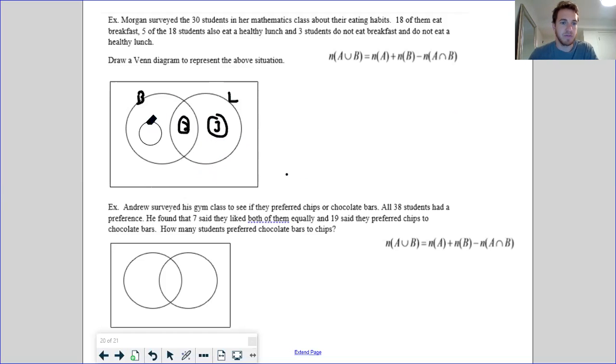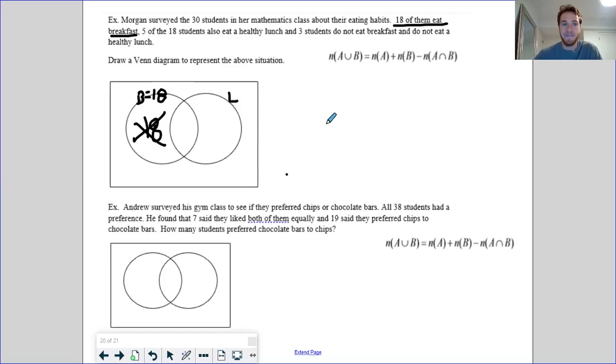All right, so section 1, how I would do this is, the problem that people are having is this says 18 people eat breakfast. So 18 does not go here.